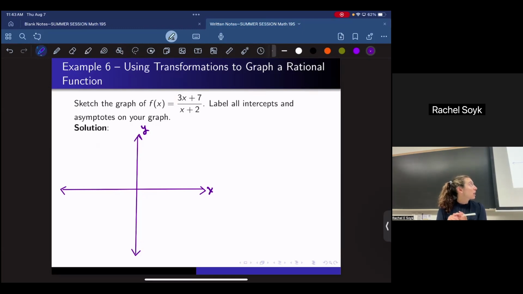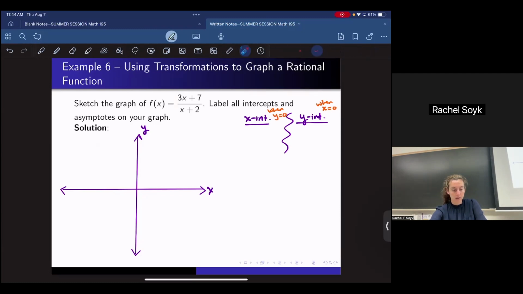Let's first identify our intercepts off to the side here. We have our x-intercept and then our y-intercept. The y-intercept is, again, when x equals 0. So essentially, wherever you see an x, you just plug in 0 and calculate what your y is.